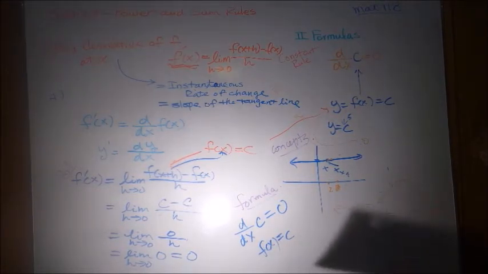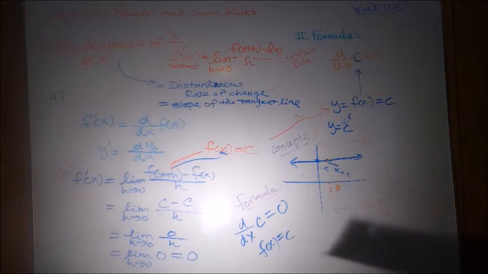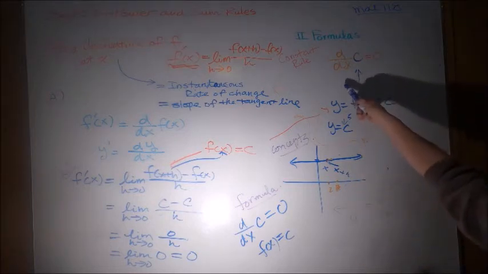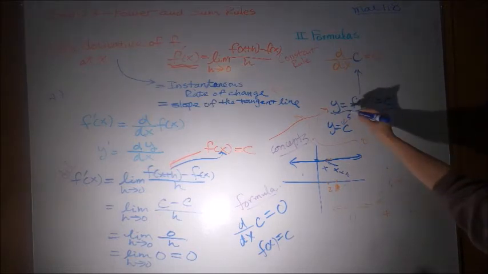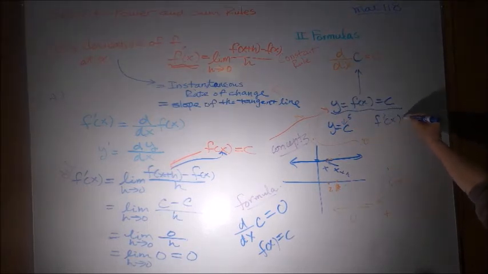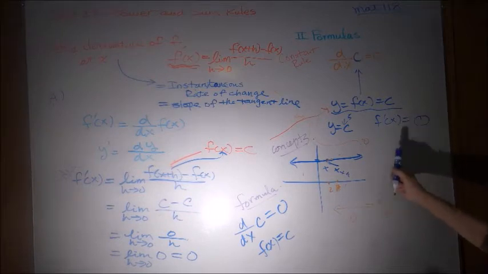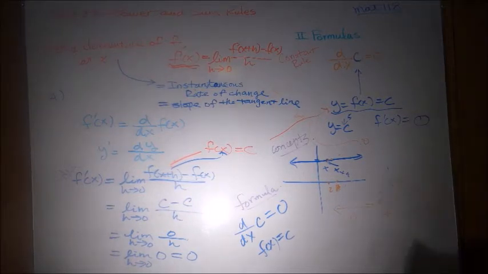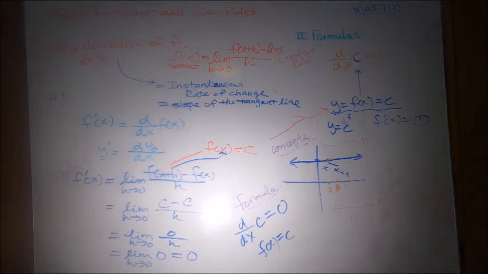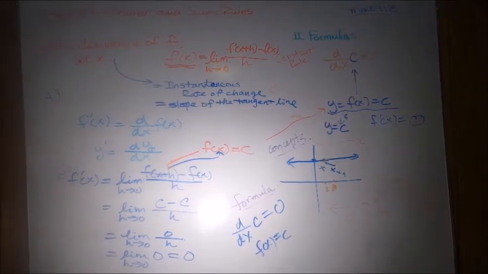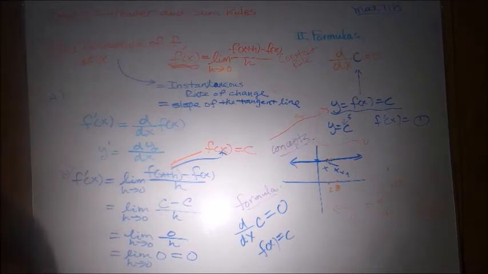That's it. That's what it's saying. Got it? So when you see, if my y is this one, what's my f prime of x? Then you just say, okay, 0. So let's see more examples, then you will feel what's going on when we talk about a few more rules.